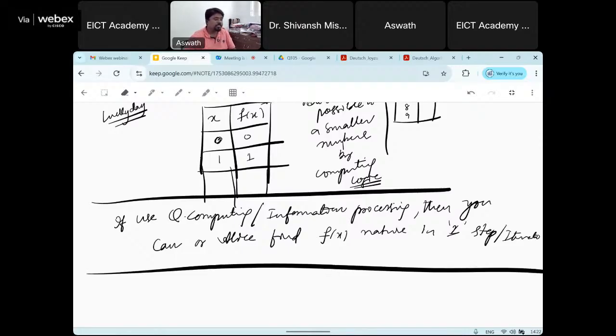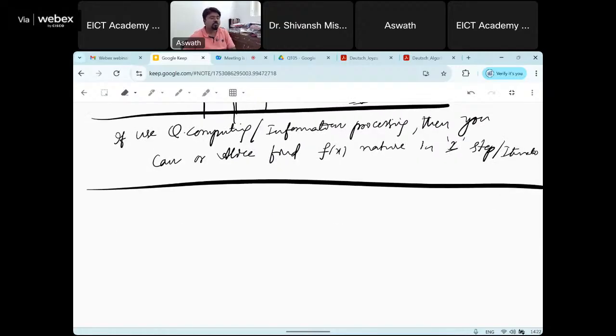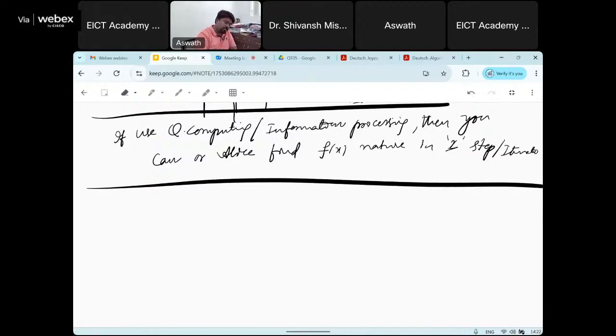So how it is done is, she has to send the information of x argument values in the form of quantum states. The process involves whatever number she picks from 0 to 2 to the power of n minus 1, since we are starting with 0. If you're starting from 1, then you can say just 2 to the power of n.